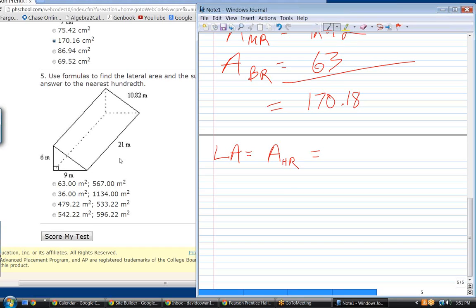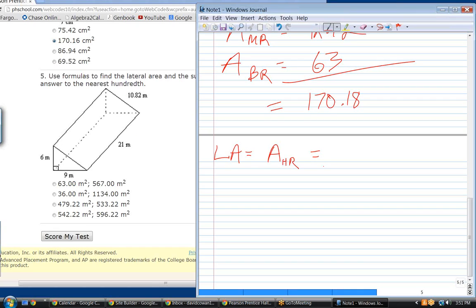I guess I'm still not seeing it. Okay, see the hypotenuse of this triangle? Yeah. That is the left edge of that top face. Right. What's the area of that? 6 squared plus 9 squared. Well, they already give it to you over here. 10.82 is the lateral distance.